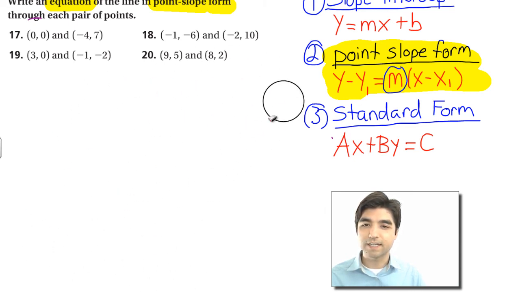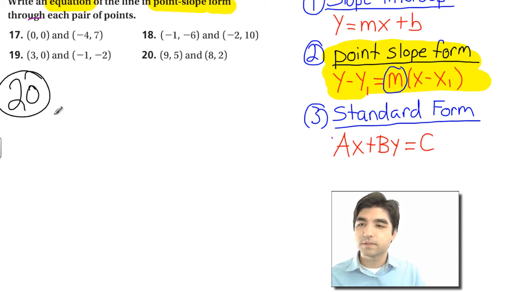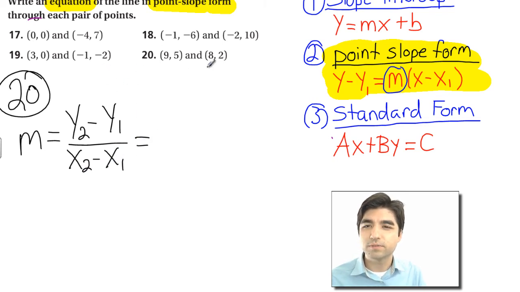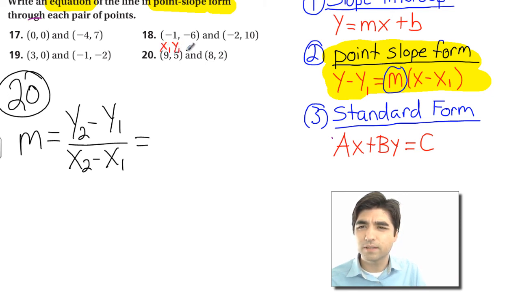So let's go on to the last one, number 20. Again, we need to find the slope first. So m equals y2 minus y1 all over x2 minus x1. Remember, label your points, x1, y1, x2, y2.